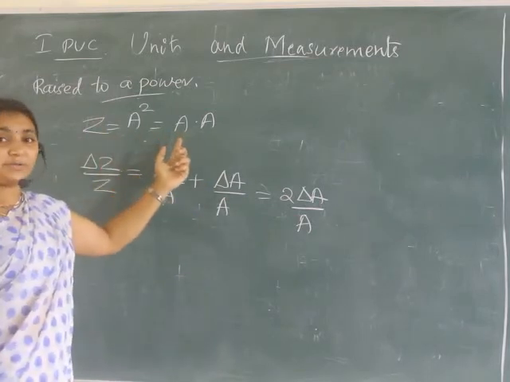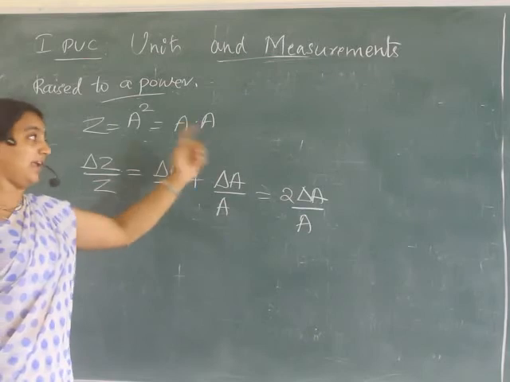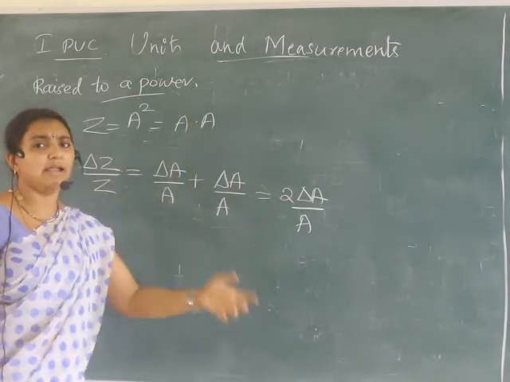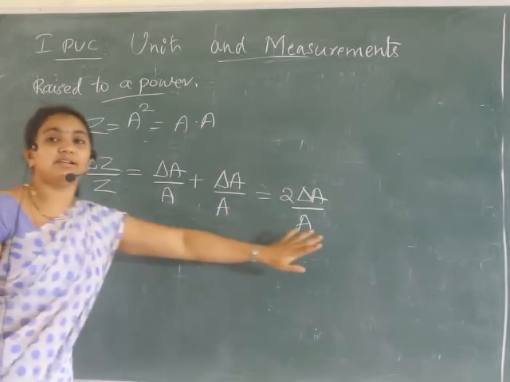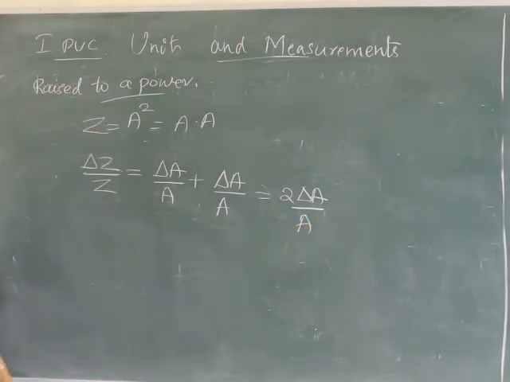Here you have to substitute A plus or minus delta A, multiply, then substitute, divide, everything. If you do, finally you will arrive at this step. Understood? For the last step I have substituted, see. Maximum error.